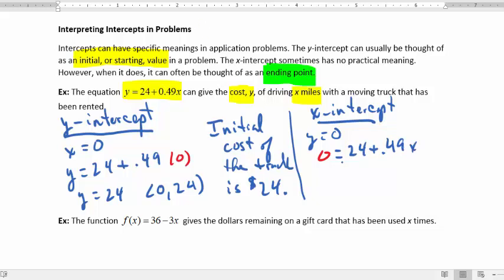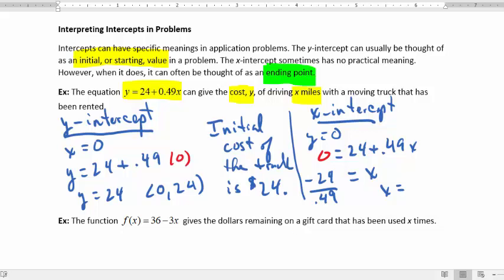And we're going to have to solve this for x. So we're going to have to subtract 24 and then divide by 0.49. There's no space here, so I'm just going to do it quick. So if we subtract 24, we have negative 24, and then we divide by 0.49. So 24 divided by 0.49, it's going to be a decimal.